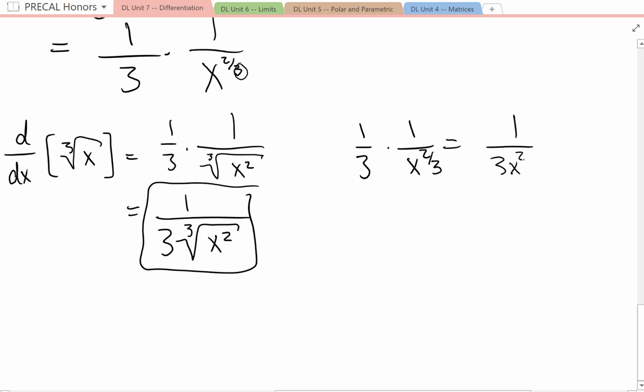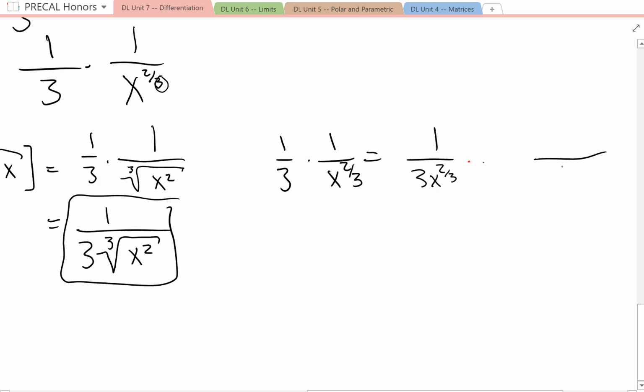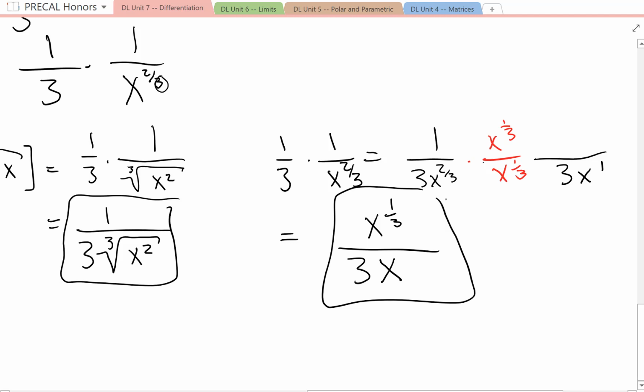We need to multiply this by something that is going to result in 3 times x, so x to the 1. 2/3 plus what gives me 1? That would be 1/3. So we're multiplying by x to the 1/3 over x to the 1/3. That gives me x to the 1/3 over 3x. This is the other way you could write your derivative.